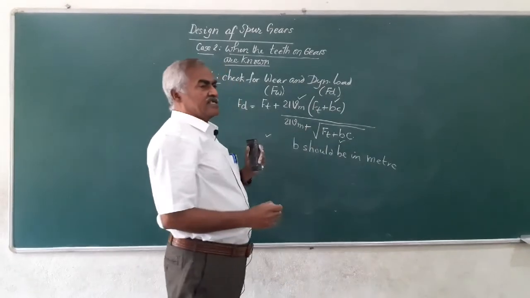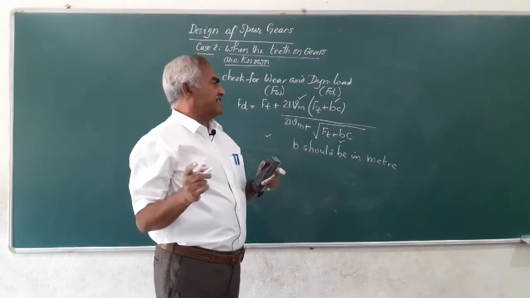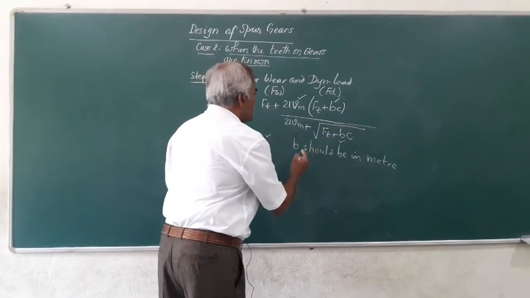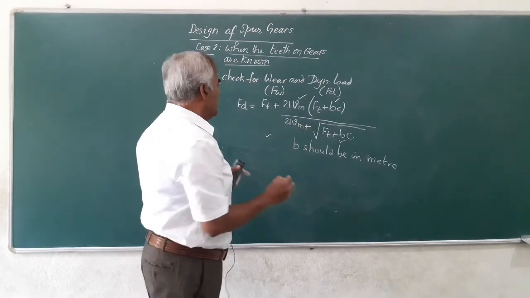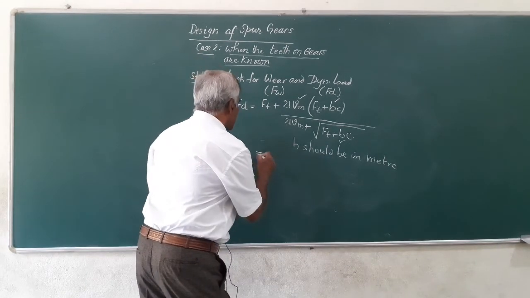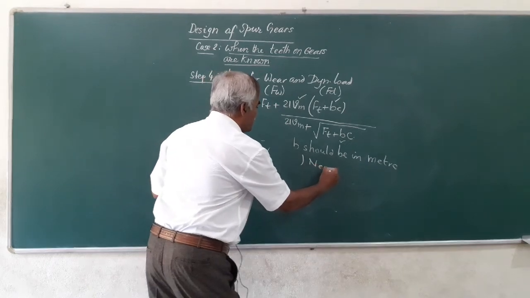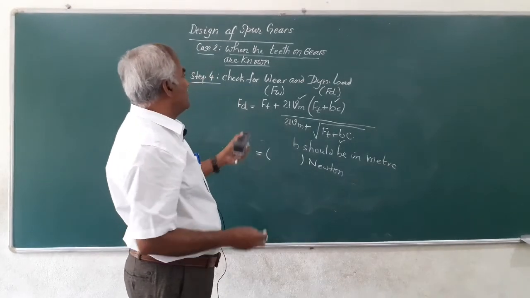C is a constant and the value of C depends on the velocity and the error in the gears. So there are tables in the handbook to find out the value of C. So friends, after all this you are going to get Fd, some value in Newton. It's a load. So we have the value of Fd.